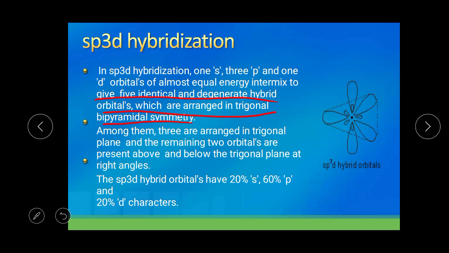It will have a trigonal bipyramidal arrangement. Three orbitals arrange in a trigonal plane, and two orbitals are above and below the plane. The bond angle here will be 90 degrees for the axial ones and 120 degrees in the plane. The sp3d hybrid orbital has 20% s character, 60% p character and 20% d character.